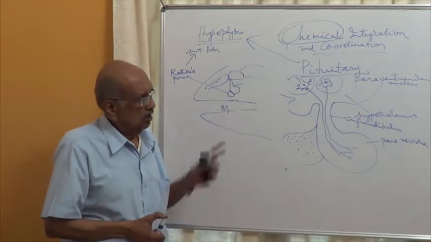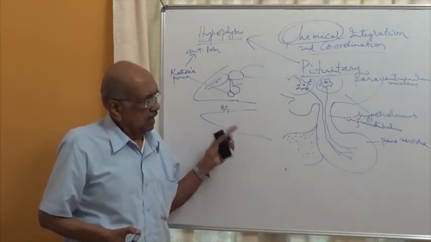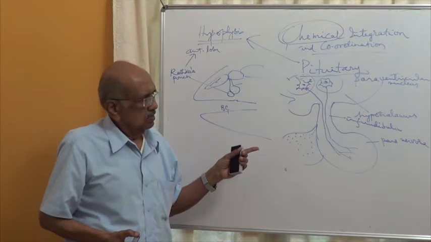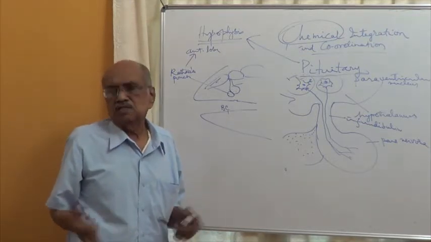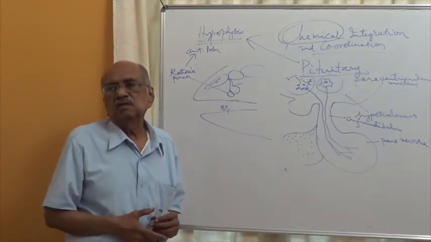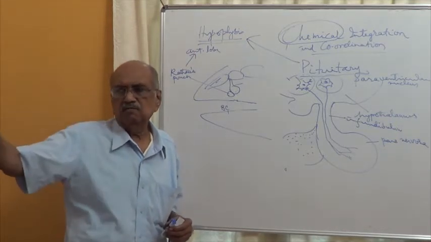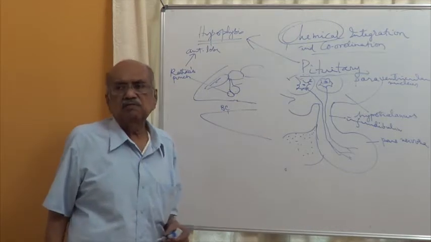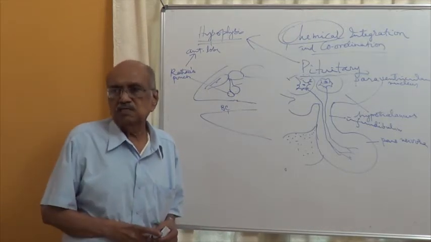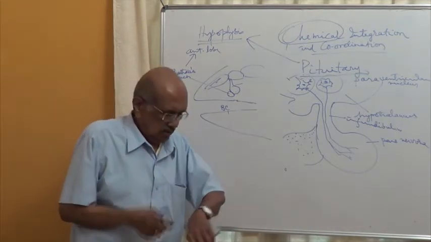So, the origin and the structure, naturally, are different. They might be different in origin, but they will be certainly different in function. The functional differences between the two will be discussed presently.